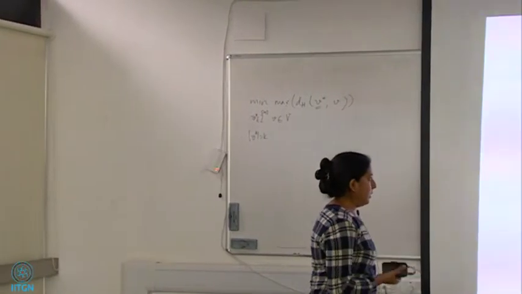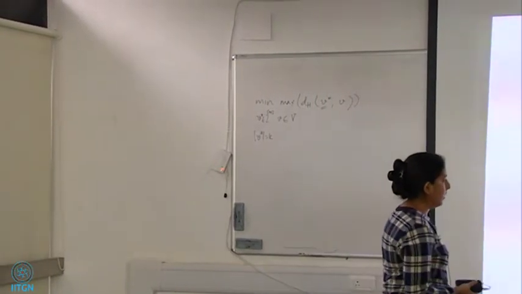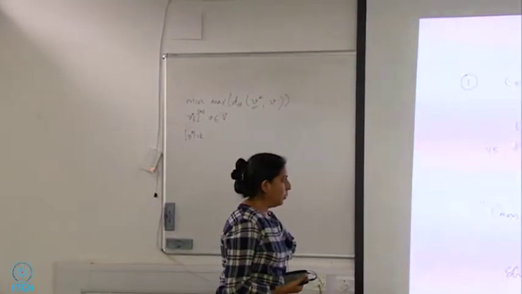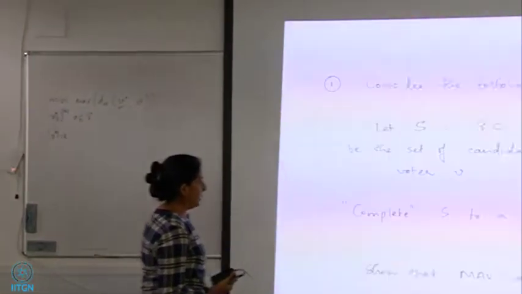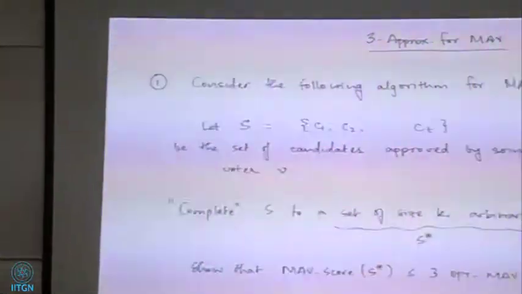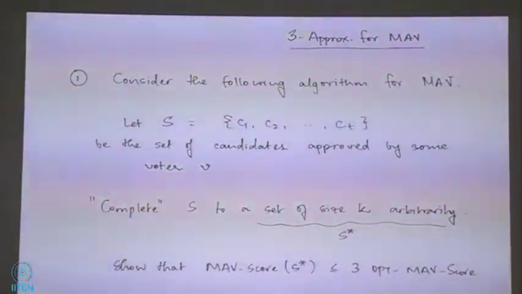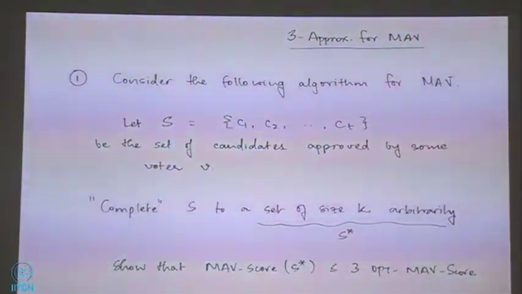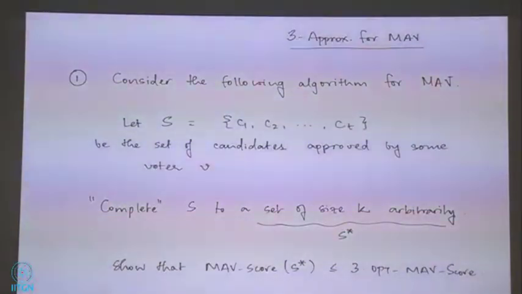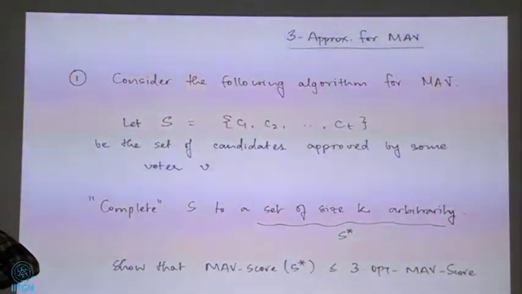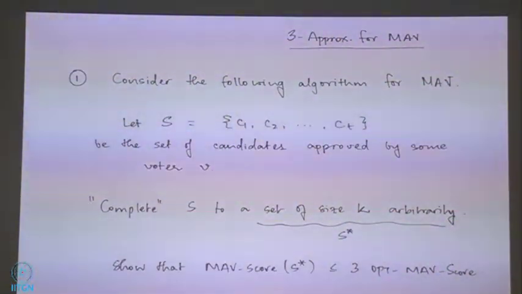And I'm proposing here one fairly straightforward algorithm. It's interesting because it completely ignores most of the profile. What I'm proposing is, let's pick an arbitrary voter and take his vote. That's a subset of candidates.